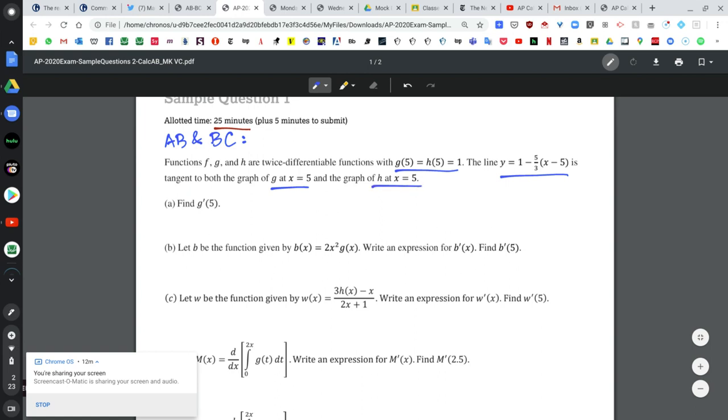So that's the equation of the tangent line. You can pause the video, attempt A yourselves. So it just says find g dash at 5. So keep in mind, this line is the equation of the tangent line to g at 5. So isn't g dash of 5 nothing but the slope of this line, which is negative 5/3. That's it.